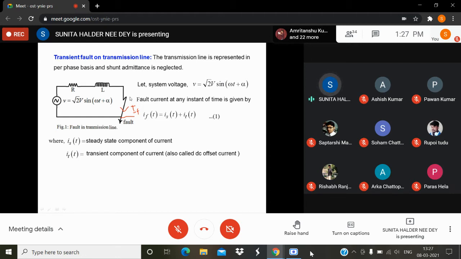So that loss will be huge, and that will create other problems, stability issues. So whenever a fault is initiated, we will aim to disconnect it as early as possible. Then why are we discussing transient fault, transient current and steady state current?